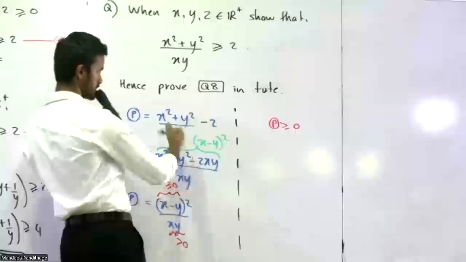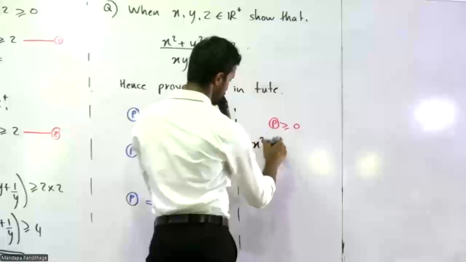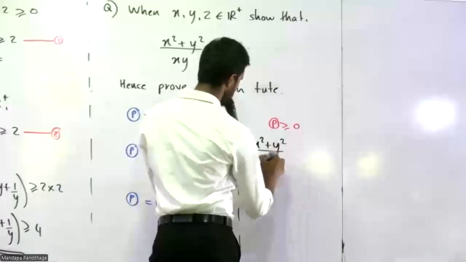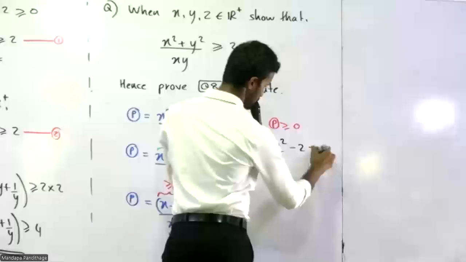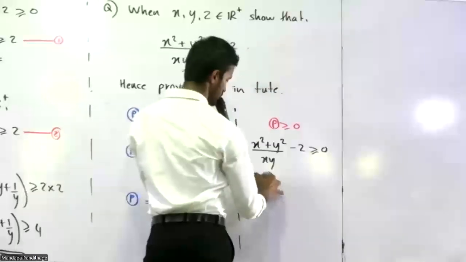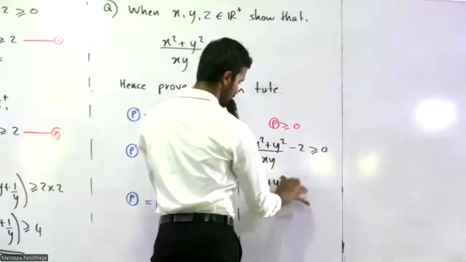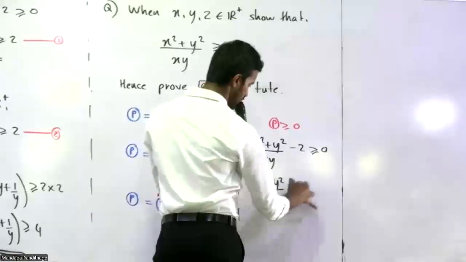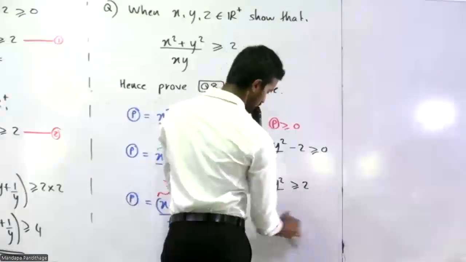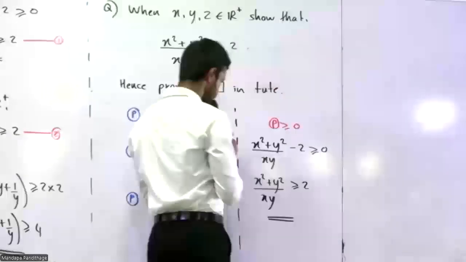So P, which is x squared plus y squared over xy minus 2, is greater than or equal to 0, which gives you that x squared plus y squared over xy is greater than or equal to 2. Okay, so this is my first one.